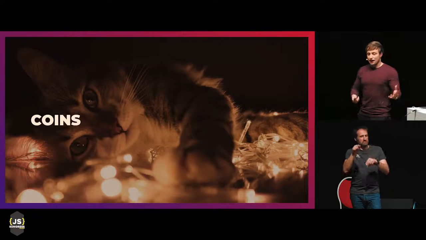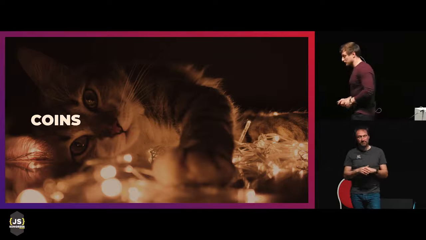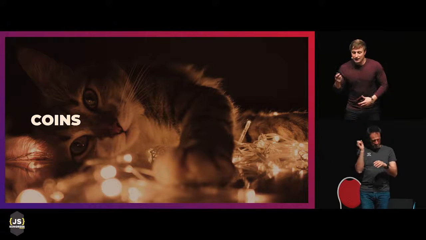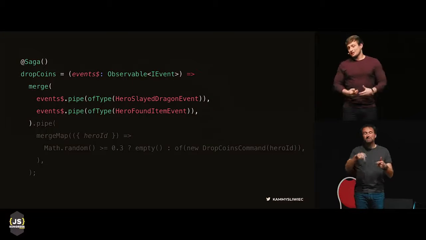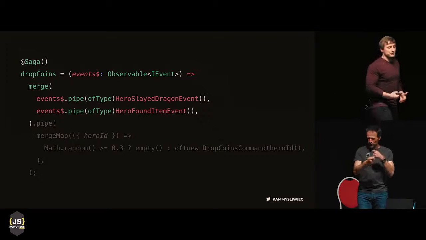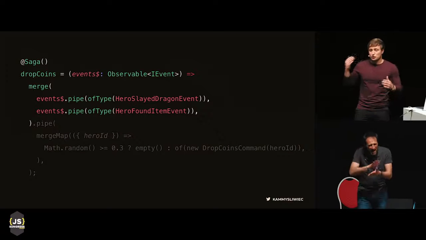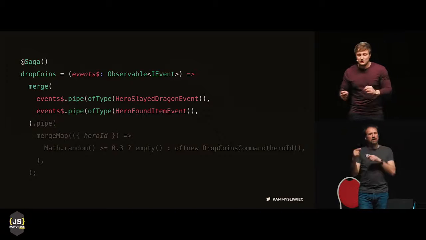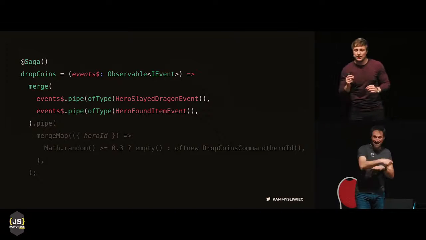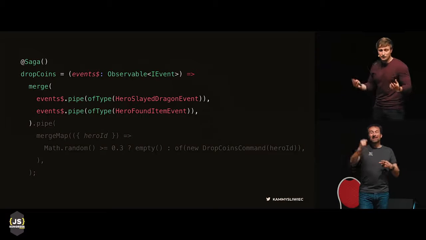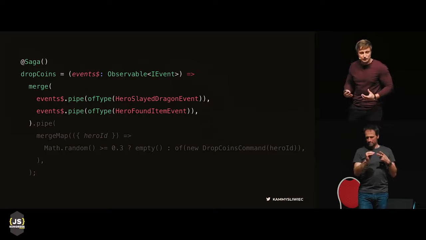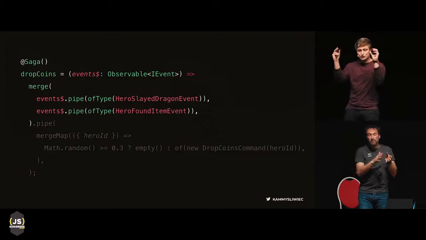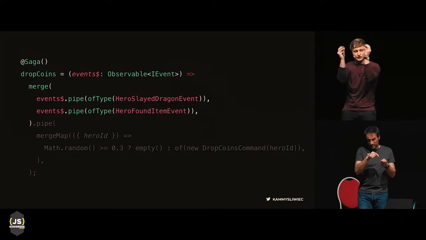We have items. Now let's move to the coins part. Coins is even more simple. Think about two different streams. We have a stream of hero slay dragon events, and we have a stream of hero find item events. We have a merge operator from RxJS. We are taking these two streams and we combine them together.